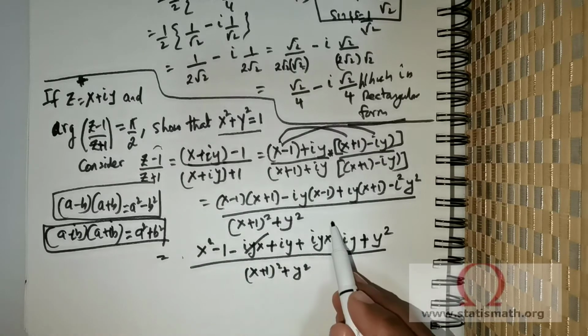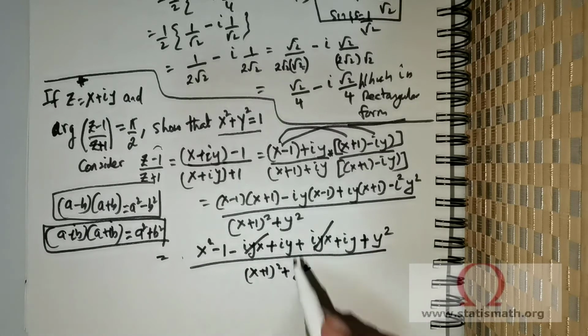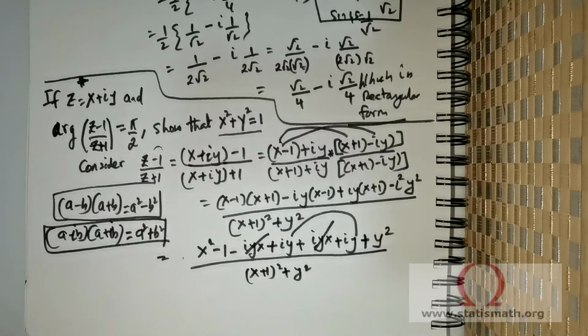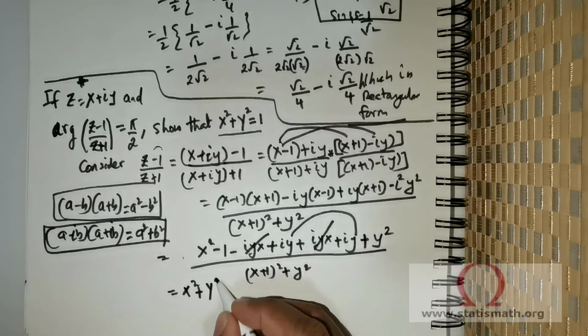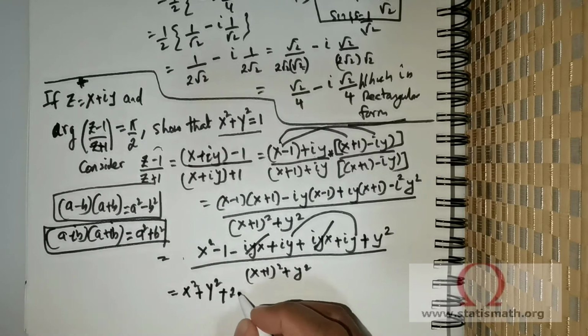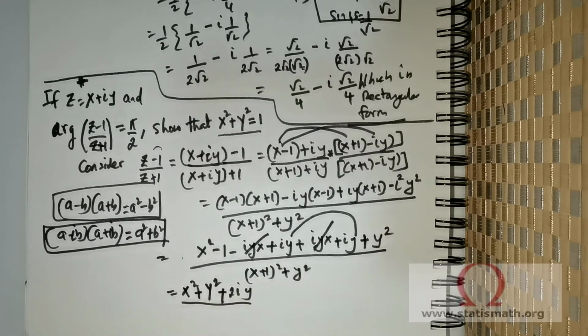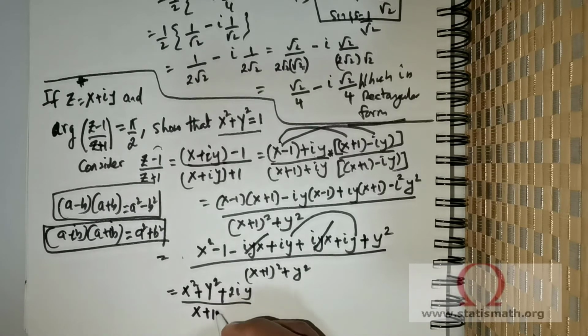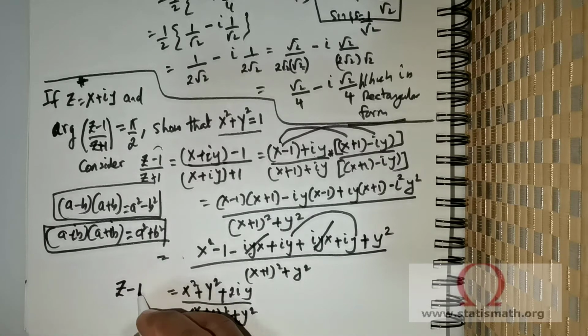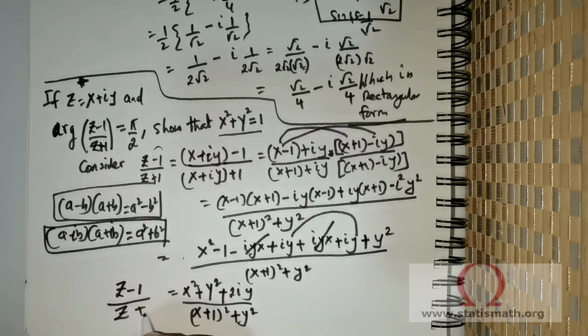Negative iy can be cancelled with positive iy, and then iy and iy can be added, giving 2iy. So I got x² + y² − 1 + 2iy divided by the denominator (x + 1)² + y². So this is nothing but (z − 1)/(z + 1).